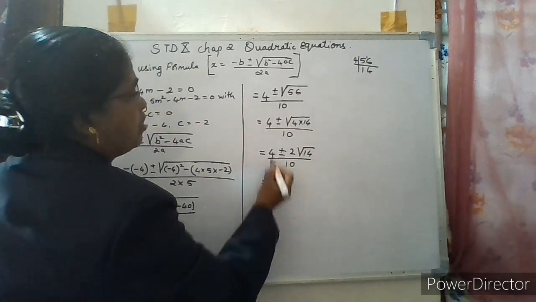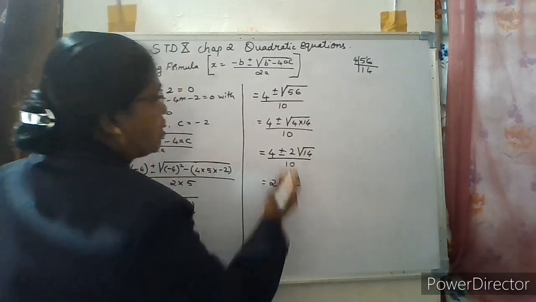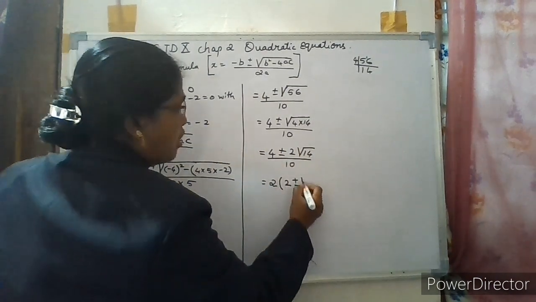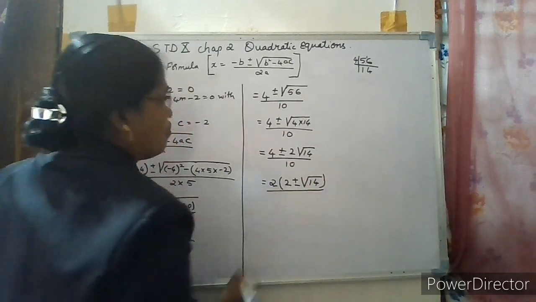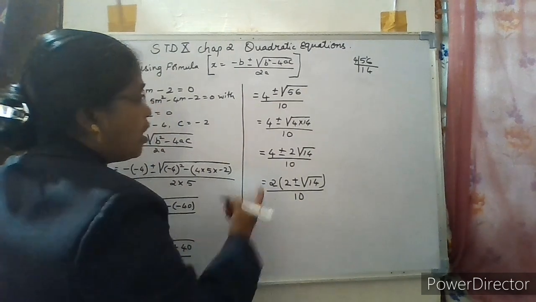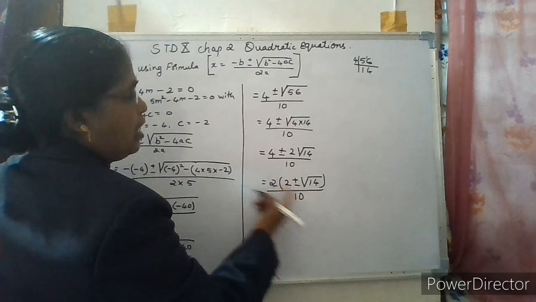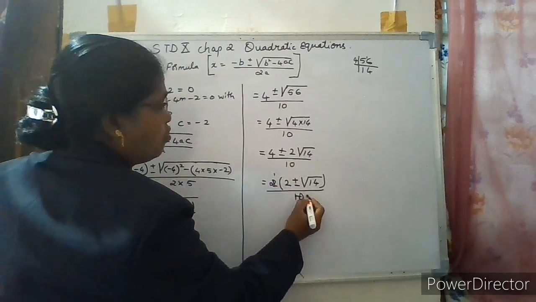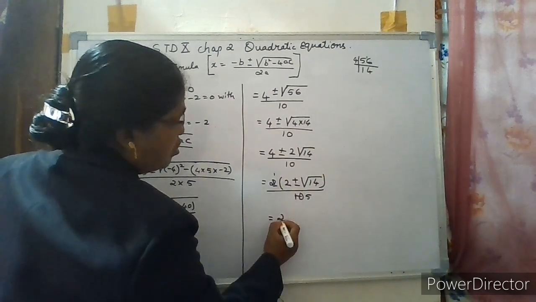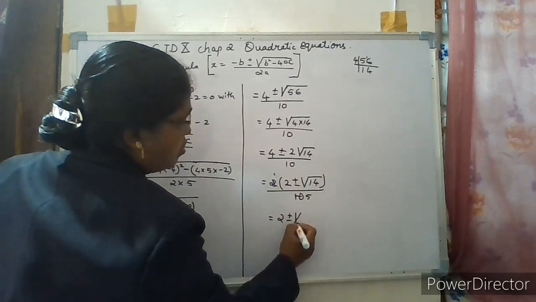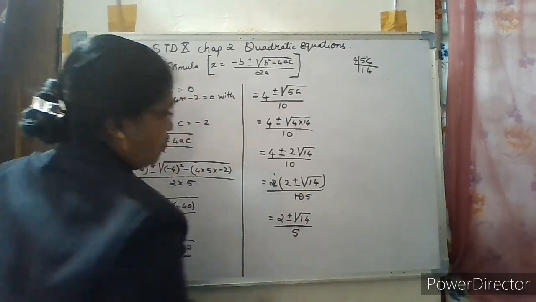In the bracket, what is remaining? 2 2s is 4. 2 is gone out. Plus or minus, 2 gone out as common. So nothing remains. So under root 14 will remain in this form upon 10. Now after bringing out common, this 2 and 10, this we can cancel. So 2 1s are 2, 2 5s is 10. So it is equal to 2 plus or minus root of 14 by 5 is left.